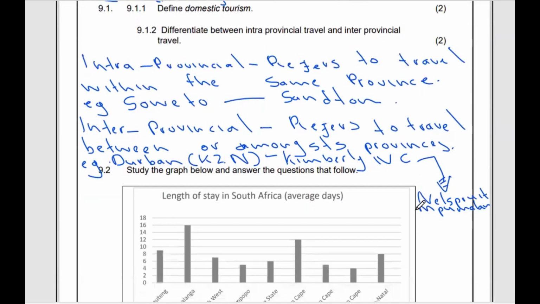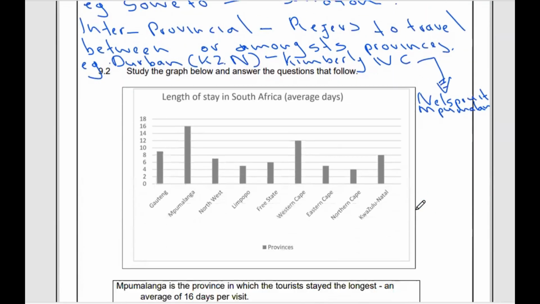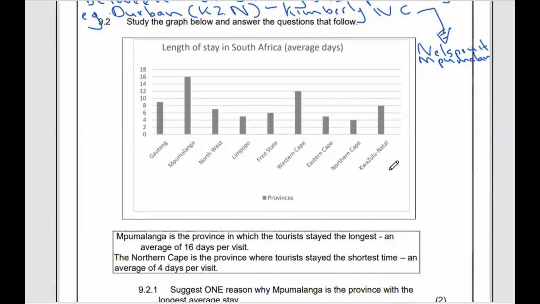Then question 9.2, study the graph below and answer the questions that follow. So there is a graph which, on the y-axis, we have the various provinces. Then we also have the length of stay or the average days which tourists spent in various provinces. So we have all the 9 provinces.